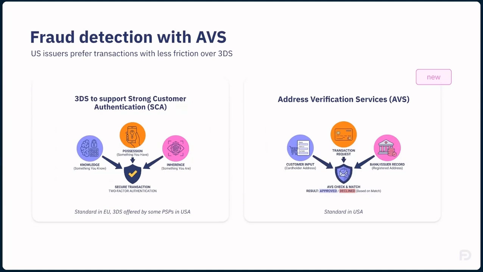Instead, what is used is address verification services, which basically means the billing address that's inputted on the form is compared to the billing address with that specific card or bank account at the issuing bank, so your bank that provides you with the credit card. These are then compared, and if everything is the same, the transaction will go through. Obviously, there's more data that goes into fraud detection, but these are the main inputs that you will see.